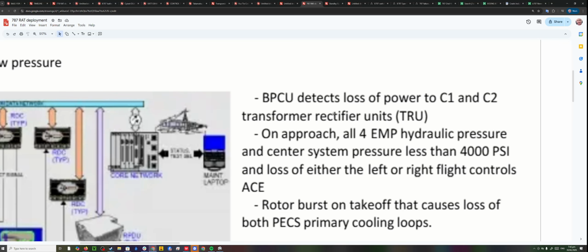On the output, they have a Hall effect current sensor. That Hall effect current sensor would have sensed a ridiculous amount of load during the short circuit of the battery, and would have shut down the rectifier units, which meant that the incoming current would have turned off because it's no longer drawing power, which would have triggered the detection of loss of power into the C1 and C2 transformer rectifier units. Okay, so that's your third one.